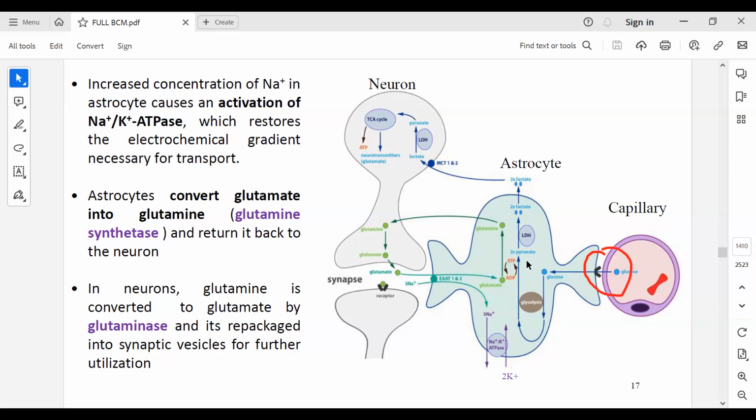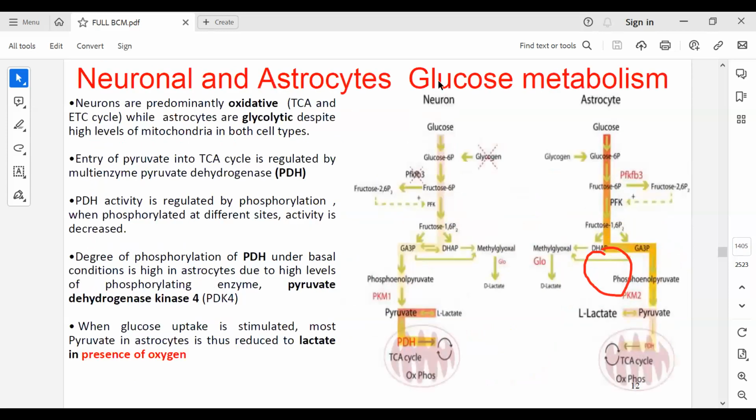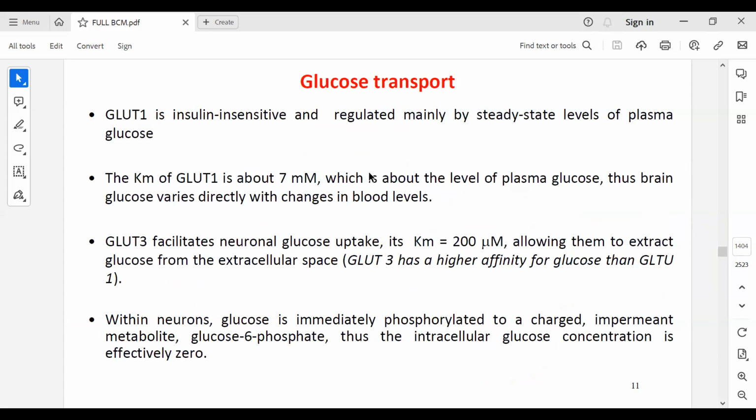Again, this glutamate which we are making can also be recycled here. So we know that we are using GLUT transporters to transport, and usually we are using GLUT1.